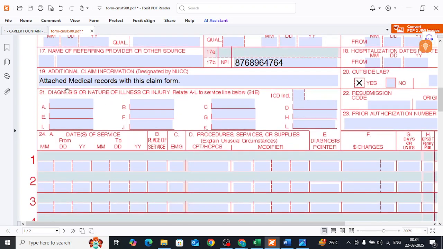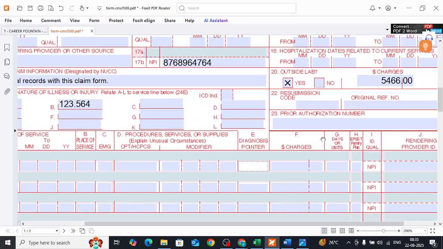Box number 21 is the diagnosis code. What is meant by diagnosis code and all, we'll see in detail in our coding sessions. At this point, just remember the diagnosis codes are mentioned in box number 21. There are almost 12 boxes here under 21, that is 21A, ABCD up to L. These ABCD are the pointers and actual pointers are going here.